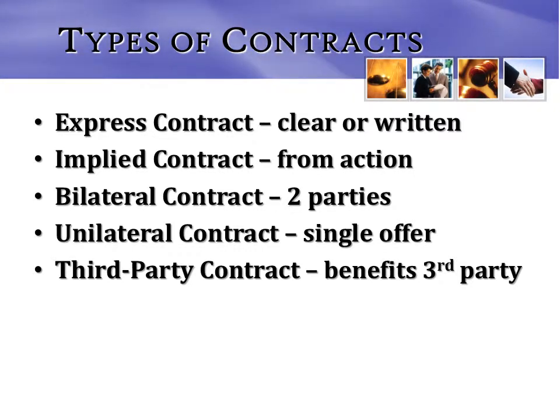Third-party contracts obviously benefit a third party. For instance, Ma and Pa Kettle putting together monies from their own accounts into a trust fund to benefit Joe and Josephine Blow, their grandchildren. That's a third-party benefit. Now, obviously, the third party is not a contractual party to the contract. They're a beneficiary.